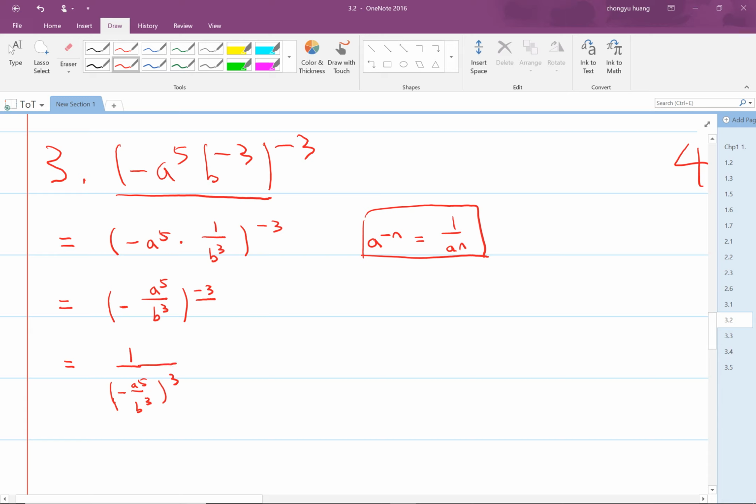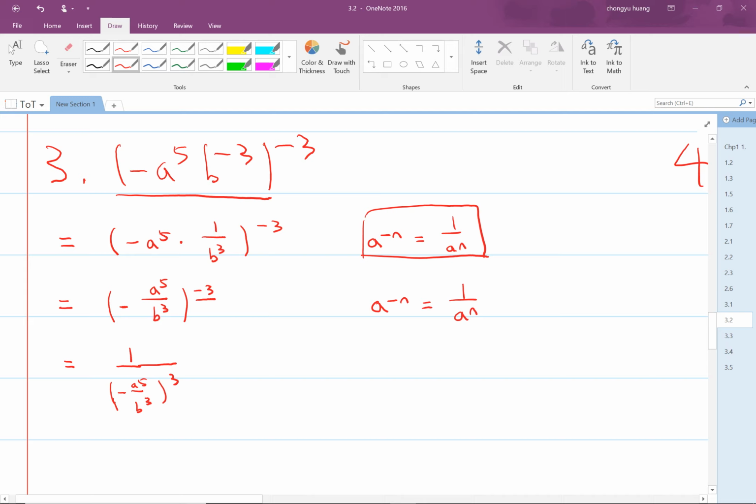Okay. So on this step, we actually have to apply the whole thing again, right? We have to use this property one more time.